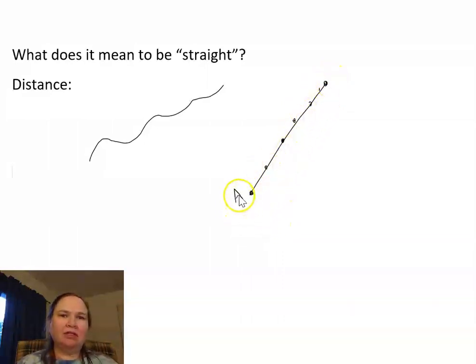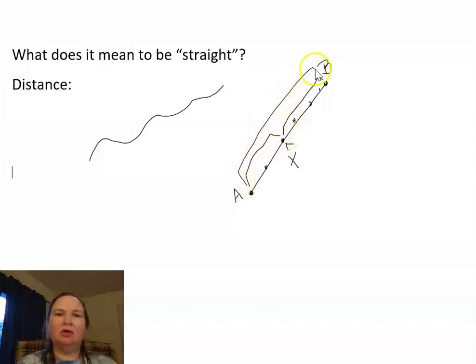And so my distance from A to B is going to be the same as if I measure the distance to one of these points in between. I'm going to call it X. X is going to be my variable name for all of these different points on the straight line segment. So the distance from A to X plus the distance from X to B is going to be the same as if I go measure the distance from A to B.